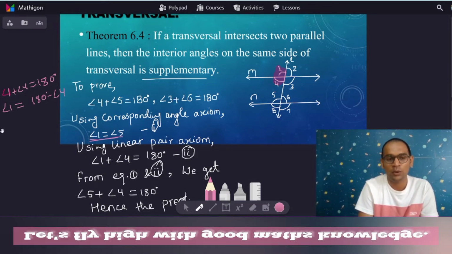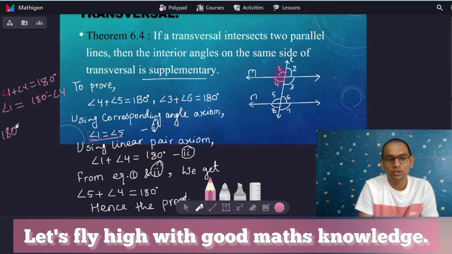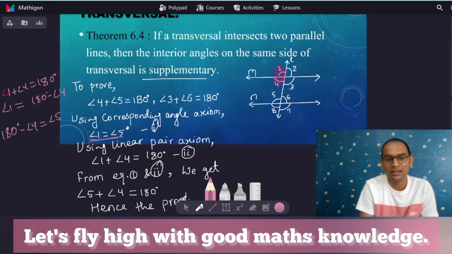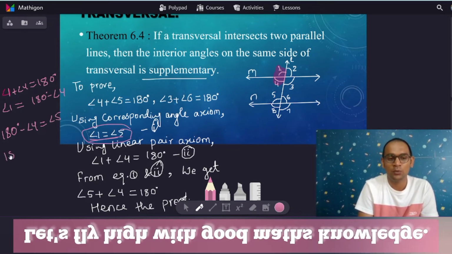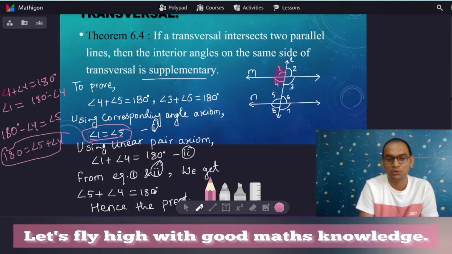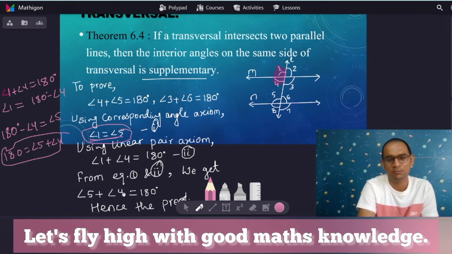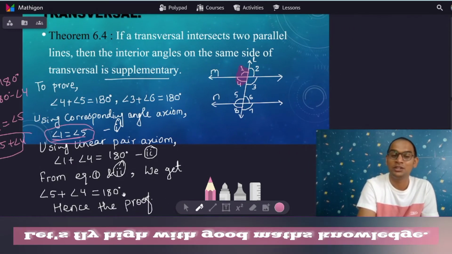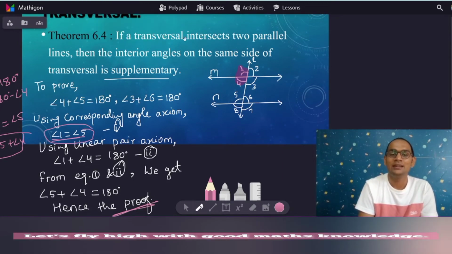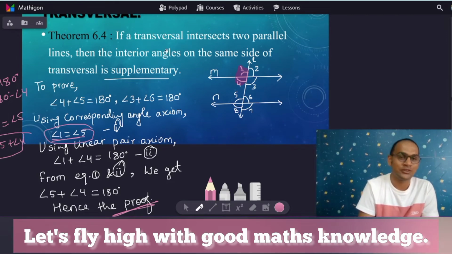So instead of angle 1, if I substitute 180 minus angle 4, I'll get 180 minus angle 4 equals angle 5. That is from equation 1. If I take angle 4 to the other side, 180 equals angle 5 plus angle 4, and that is our proof. 4 plus 5 or 5 plus 4 means the same because addition is commutative, and hence the proof. That is what theorem 6.4 says, which says that interior angles on the same side of the transversal are supplementary.